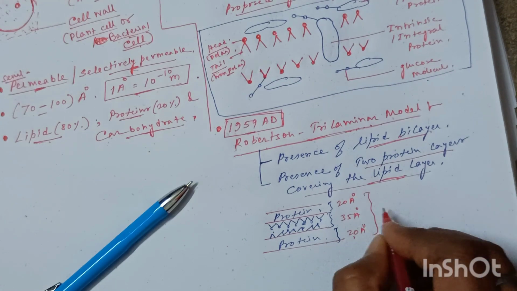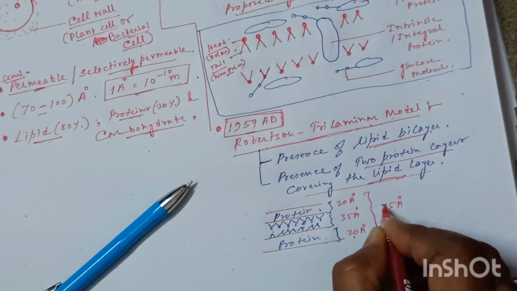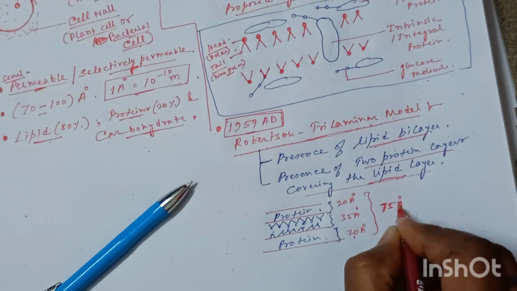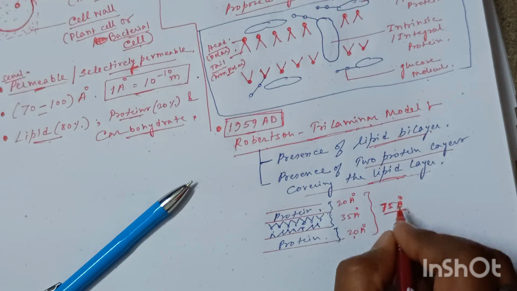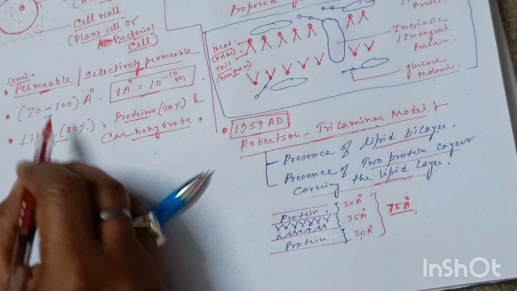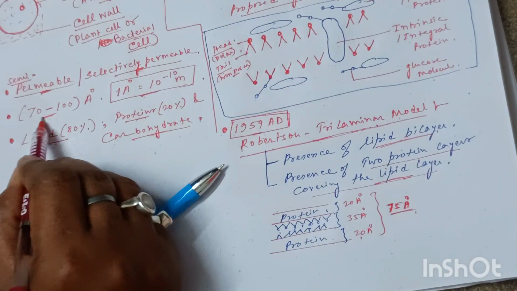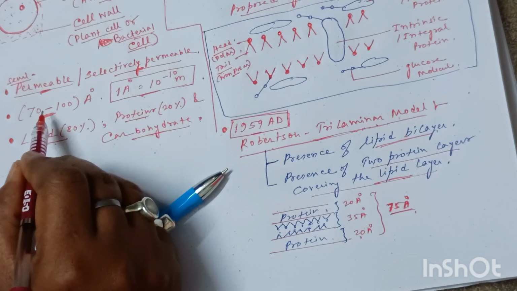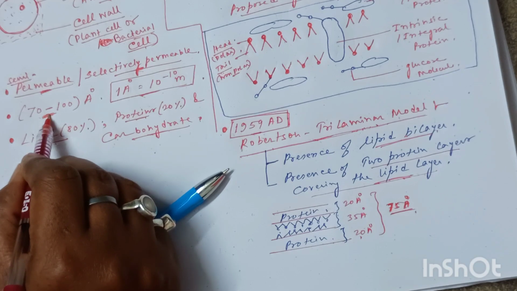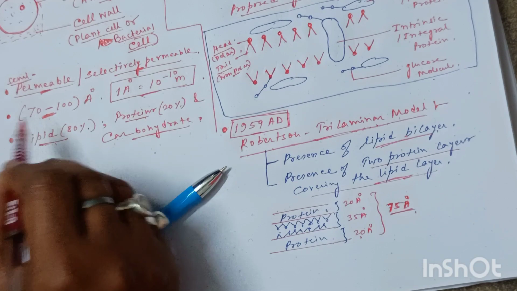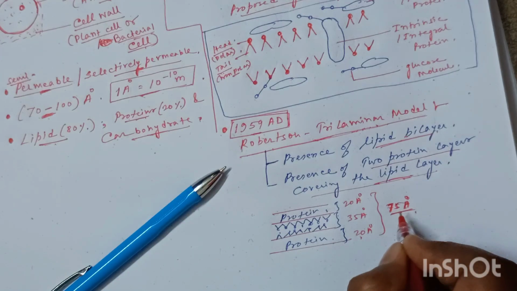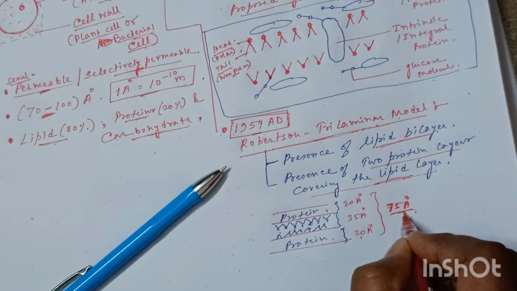So altogether it results in 75 angstrom in thickness, which is similar to the 70 to 100 angstrom range. So this was postulated by the Robertson trilaminar model before the fluid mosaic model proposed by Singer-Nicholson.